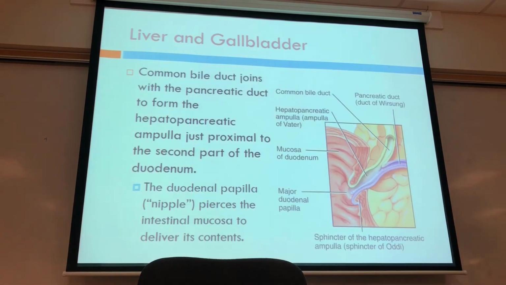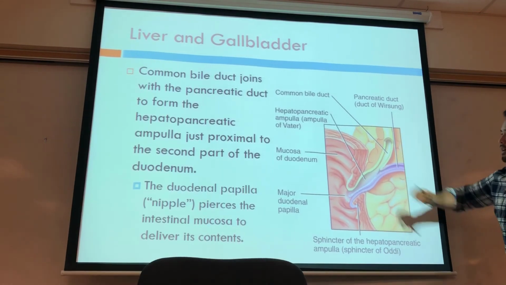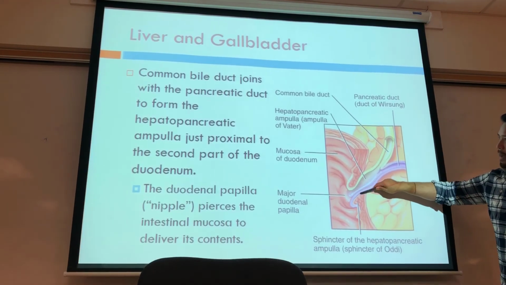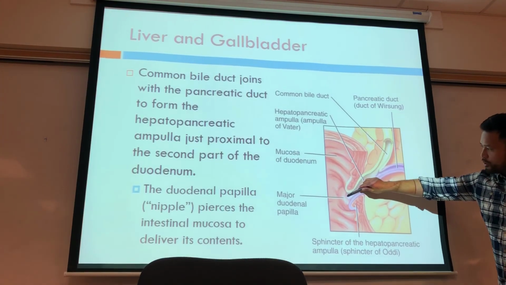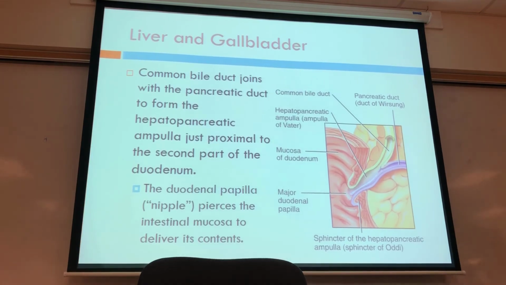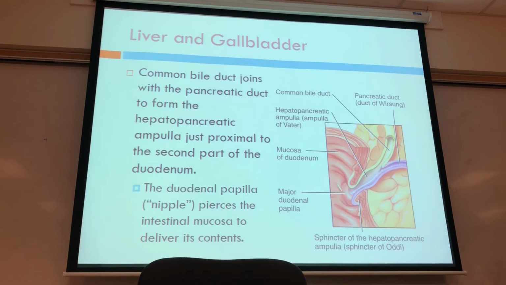Here you can see how our common bile duct and pancreatic duct come together. The hepatopancreatic ampulla merges right into the small intestine, penetrates through the mucosa in order to dump the pancreatic juices, the sodium bicarbonate, as well as the bile right into the small intestine.